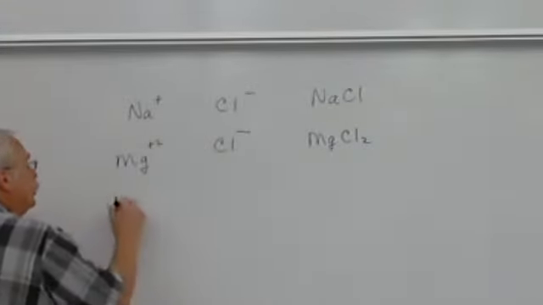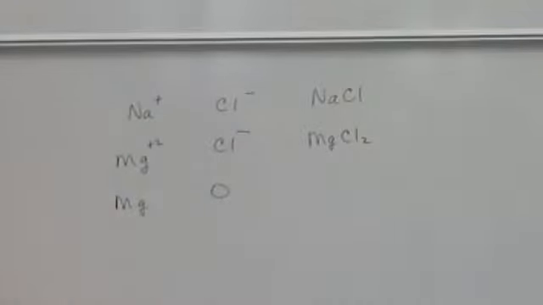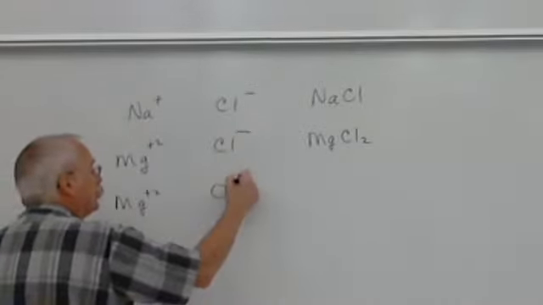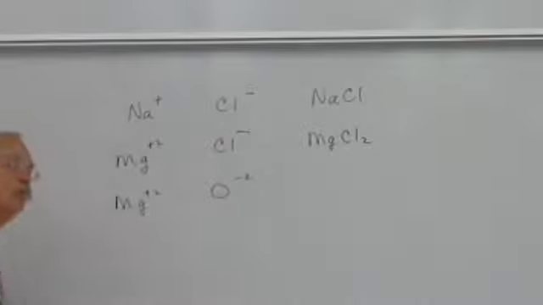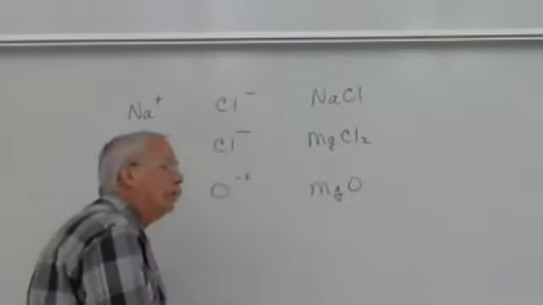If I had magnesium and oxygen, I look at what those charges should be. Magnesium in group 2 would be a +2. Oxygen over in oxygen's family would be a -2. And here again we see that a 1-to-1 matchup works. Because I've got a +2, a -2, those charges match each other. And so it's just a 1-to-1 combination. And the formula would be MgO in this case.